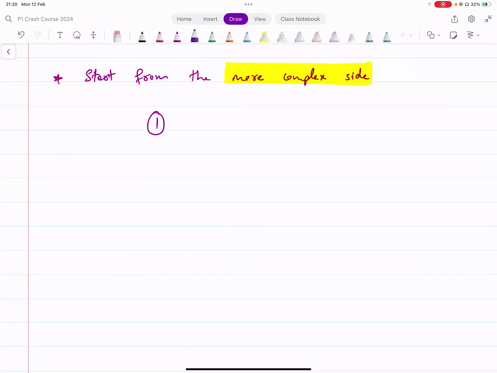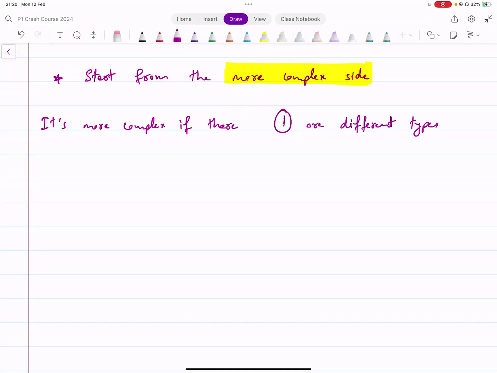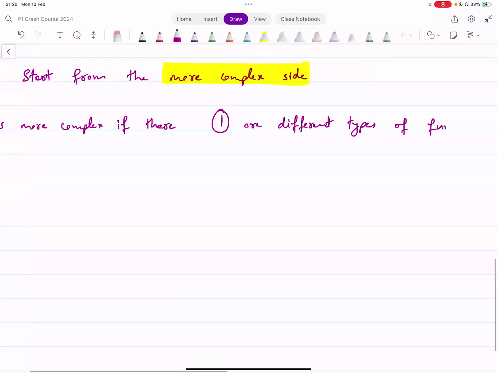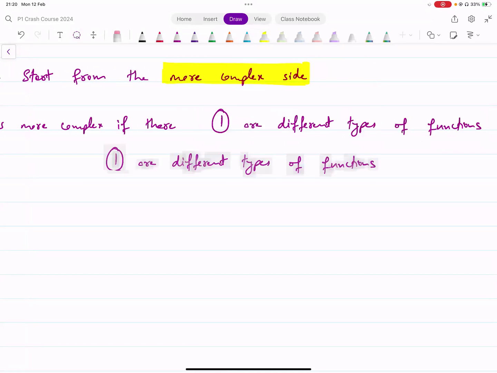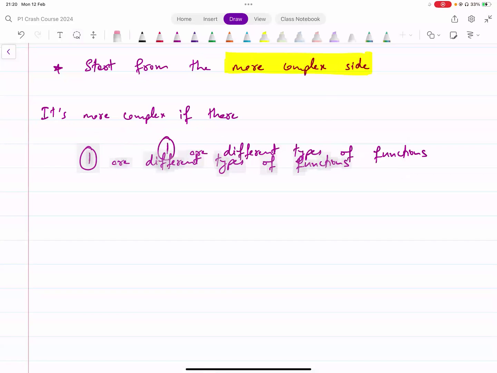One rule is a side is more complex if there are different types of functions. A side is more complex if there are different types of functions.